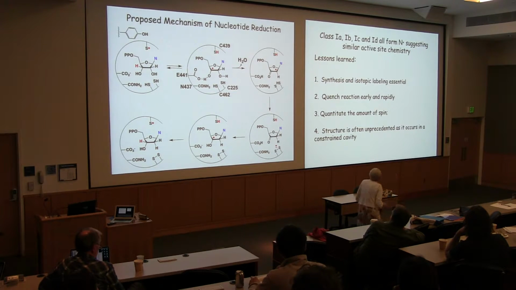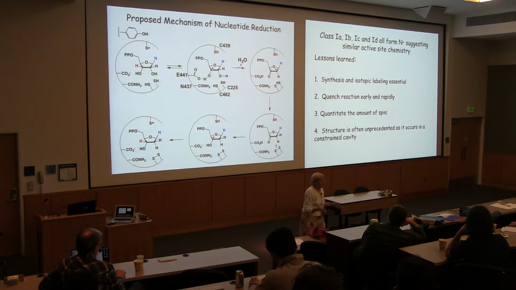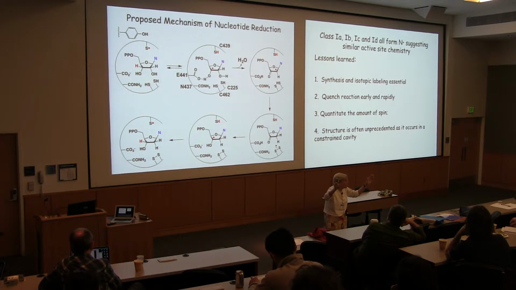And then the other thing I want to point out is if you're looking at this, you must do spin quantitation. The azido UDP or CDP is a half-site reactivity. One equivalent kills alpha 2 again. And if you're only looking at 0.1 radicals as opposed to 0.5 radicals, you have to make the decision, are you going to chase this down or not?